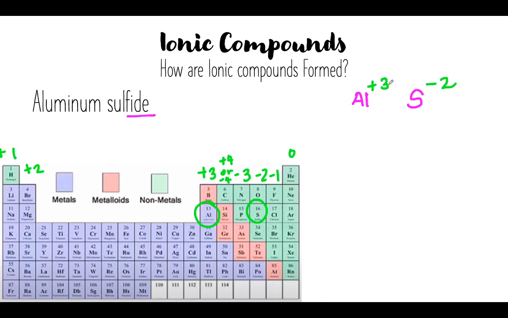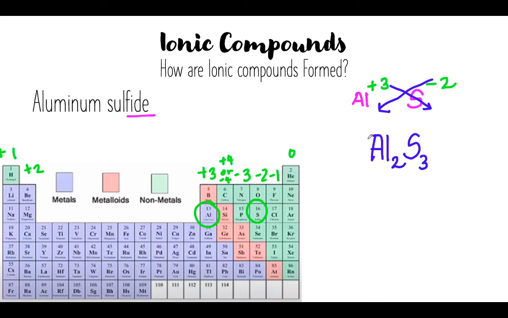So the number 3 that was here for the aluminum is going to go down over beside the sulfur. And the number 2 that's here is going to go down beside the aluminum. So when you're making the chemical formula, it's going to be Al2, right? Because we've taken the 2 from the sulfur, brought it down over here, and it's going to be S3.